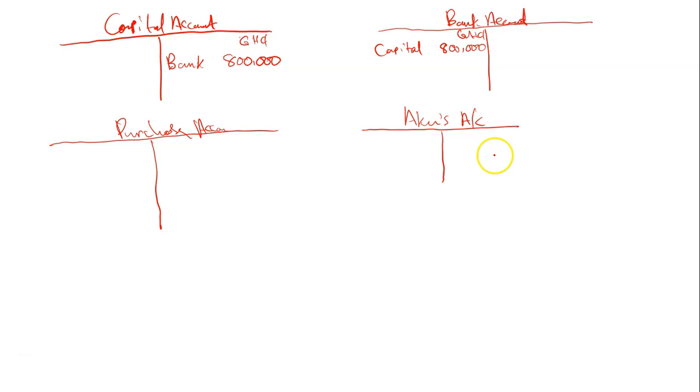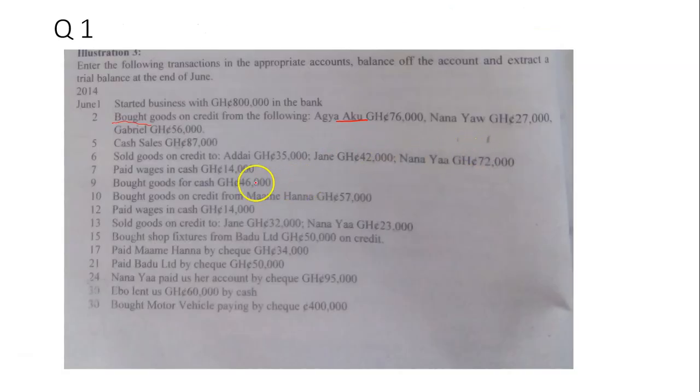So if the account is decreasing, then we should credit Aku's account and debit purchases account. It's also important to know that purchases actually have a debit balance. Since Aku's account is reducing, we are going to credit Aku's account in the name of what? Purchases. What amount? 76,000 Ghana cedis.